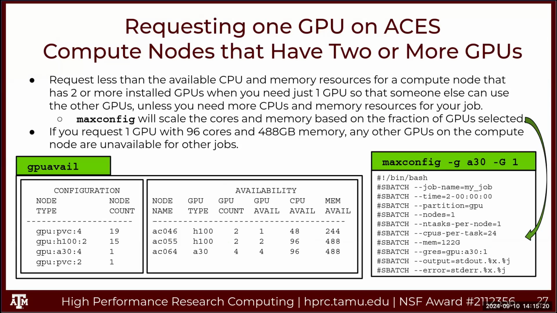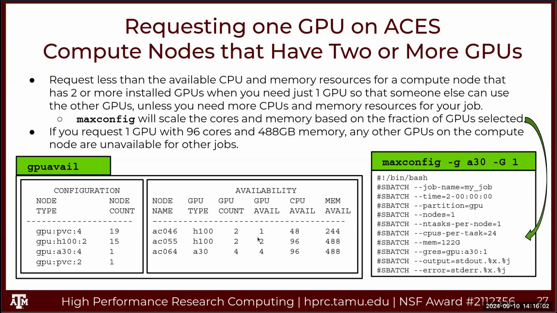Okay, we went over GPU avail and max config. In this example, if you look in the availability box here, the node AC046 has two H100 GPUs. One of them is available, so there is a job using the other H100, and it also shows you how much memory and how many CPUs are available.